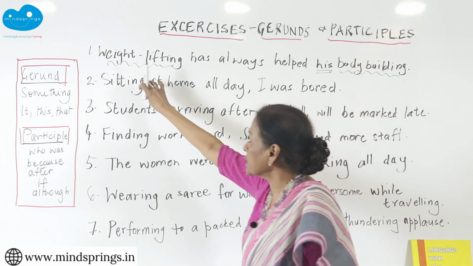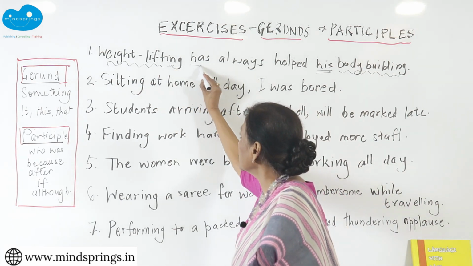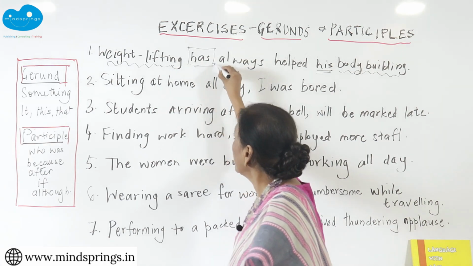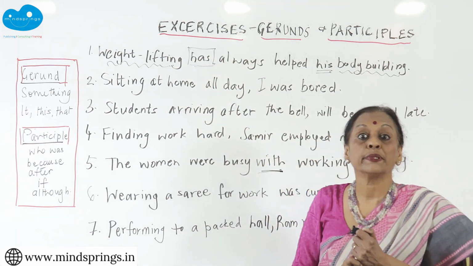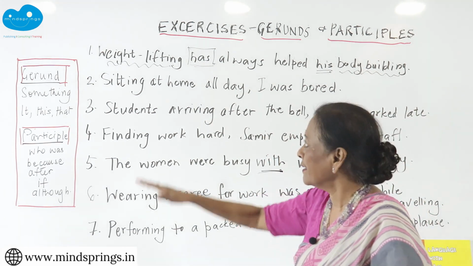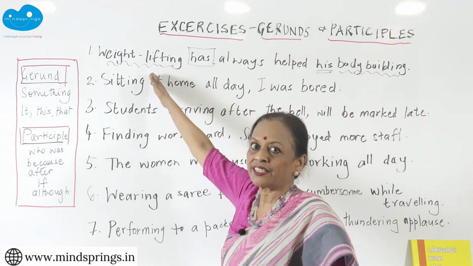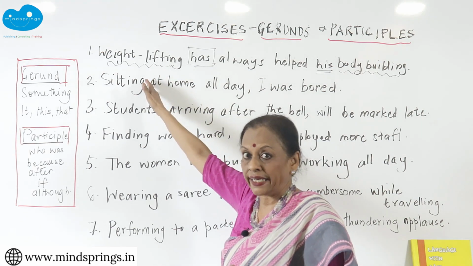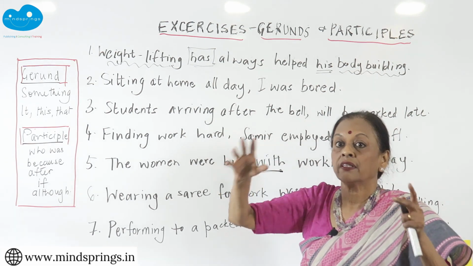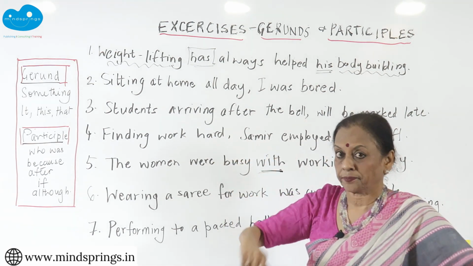You will notice that after weightlifting, the first thing that you are hitting there is a verb. What did we say when we did that exercise? That if you have an ing word that comes as the subject of a verb, it is always going to be a gerund.